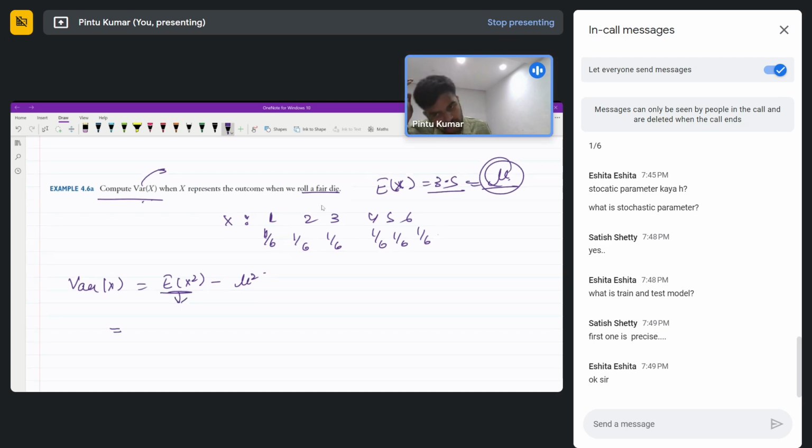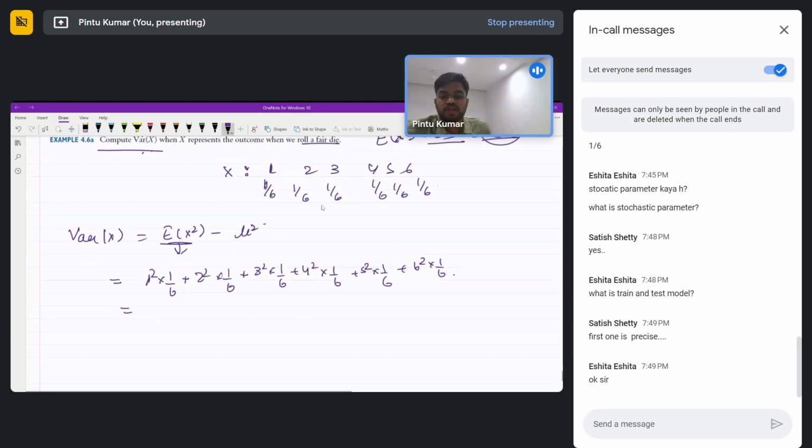Okay, so this is nothing but 1 square into 1 by 6 plus 2 square into 1 by 6 plus 3 square into 1 by 6 plus 4 square into 1 by 6 plus 5 square into 1 by 6 plus 6 square into 1 by 6. You can just evaluate this. I have forgotten that formula, so this should be 1 plus 4 plus 9 plus 16 plus 25 plus 36 by 6.